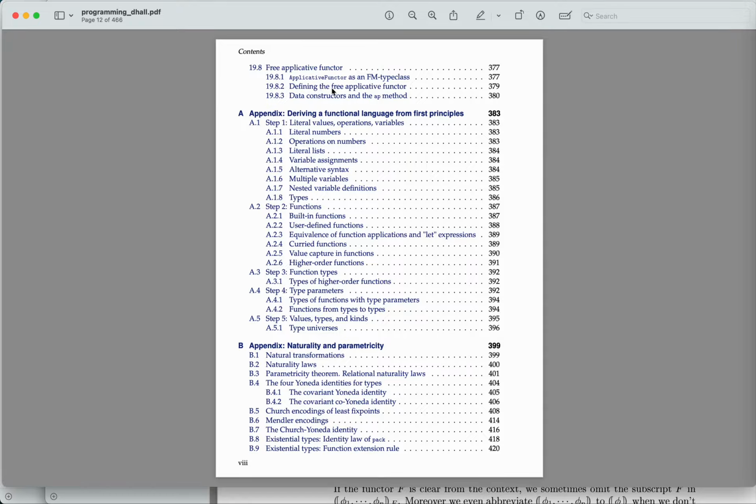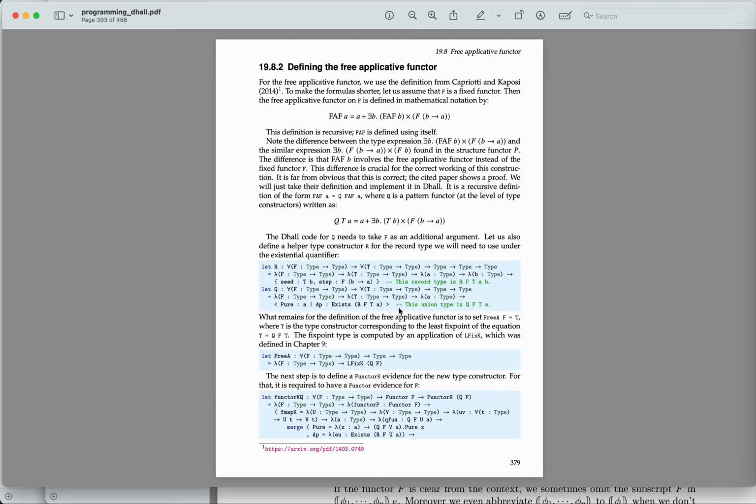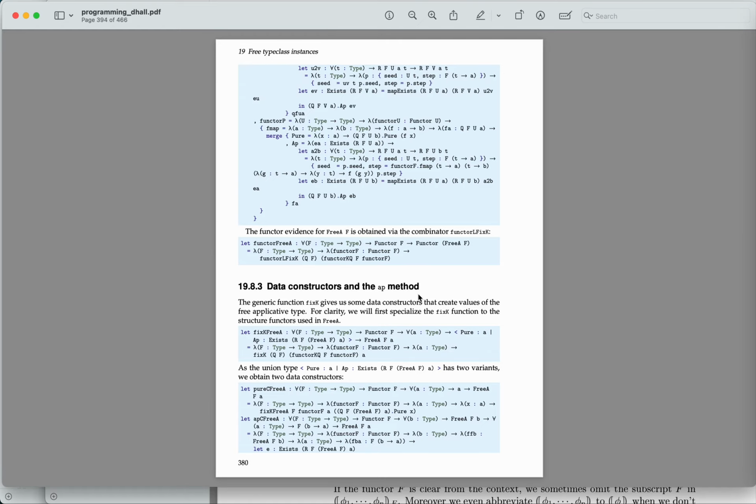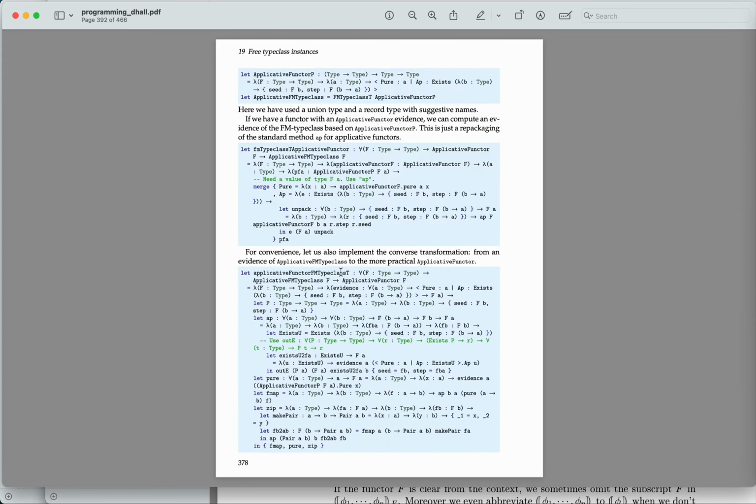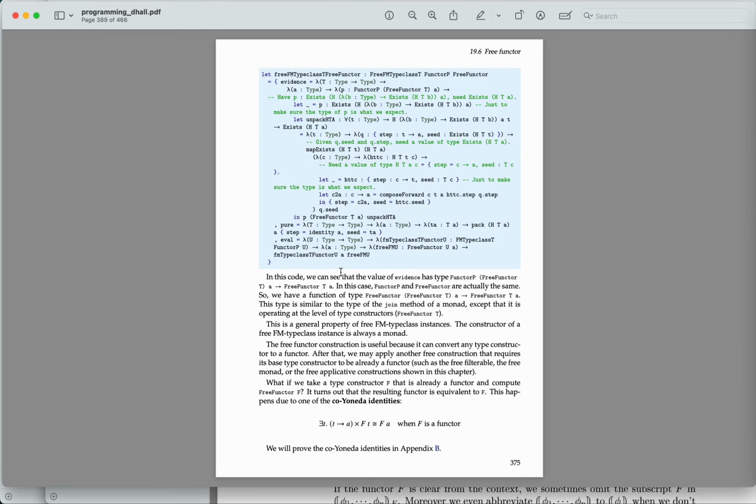So actually, the free applicative functor looks really, really complicated. Like if you write it like that, that's what it looks like. And the code for it is pretty big. So this kind of intuition tells you that certain things are simpler than others, objectively simpler.